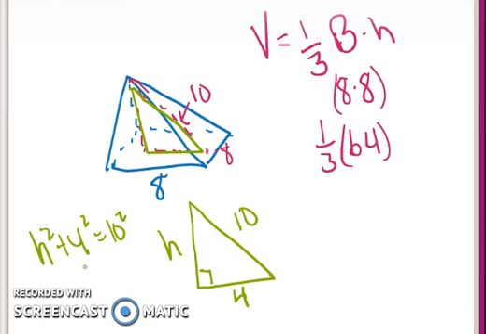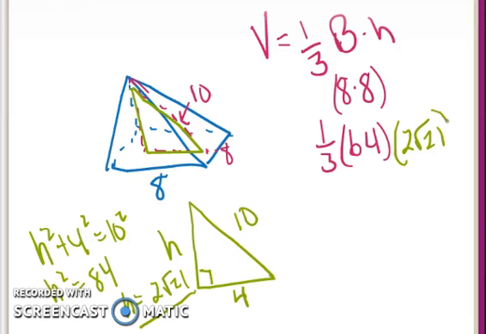You should have your calculator ready to go. H squared equals 84. I'm going to take the square root of that. My calculator gives me a simplified radical. So the height equals 2 rad 21. So I can plug that in for the height, 2 rad 21.